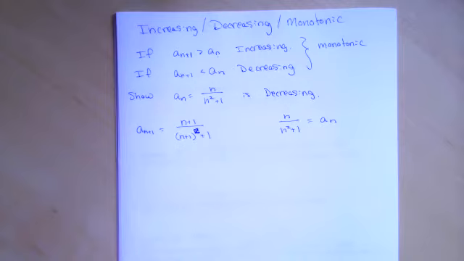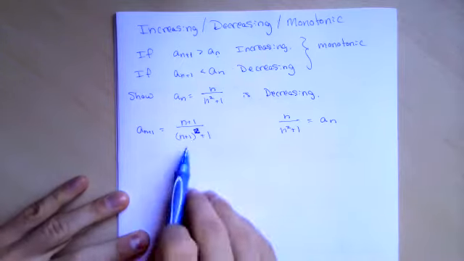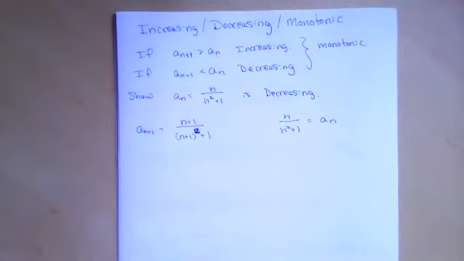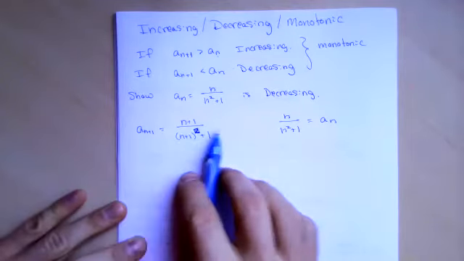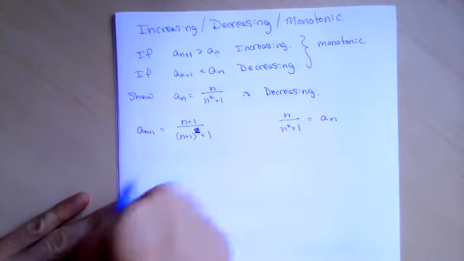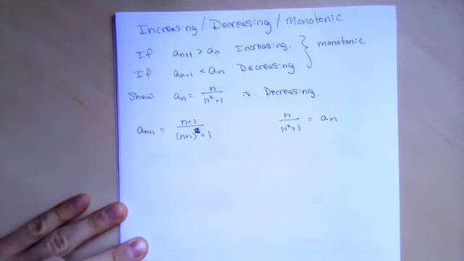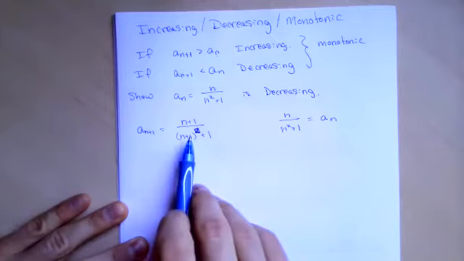The question is, can we deduce that with just by comparing the algebra on this guy? Let's see. So we might have to square that out. Or we might be able to.